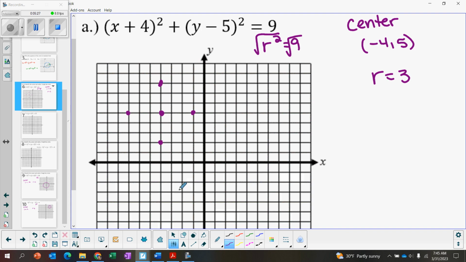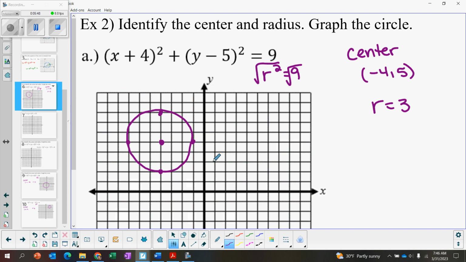Now I'm going to do the best I can to make a shape that has curves and does not look like a square. It's okay if yours doesn't look perfect, but we're trying to make it look curvy as opposed to boxy. And that's our answer for this one.